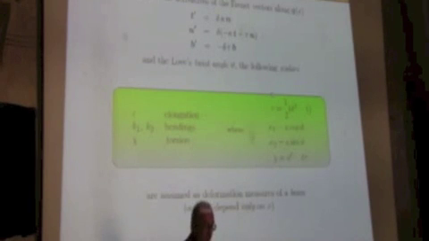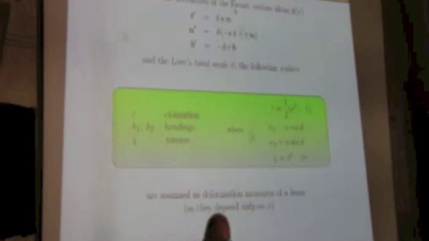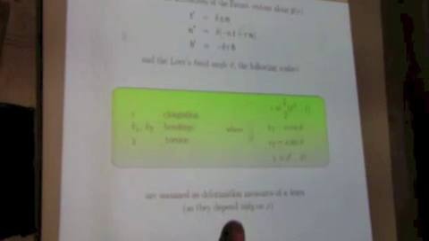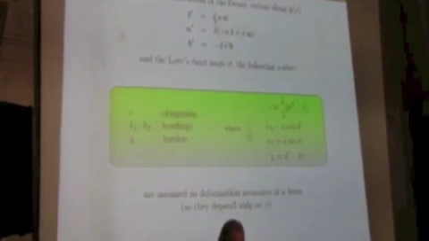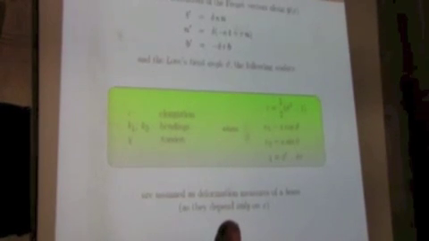Then, using the derivatives of the Frenet vectors, we can obtain a description of the classical curvature, torsion, and extension of the beam.